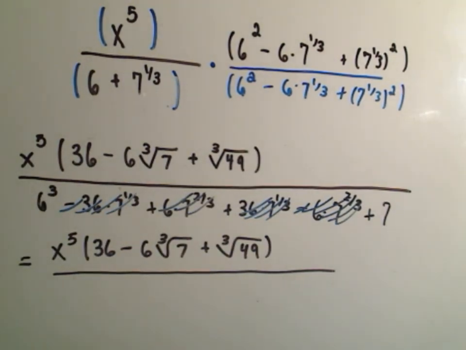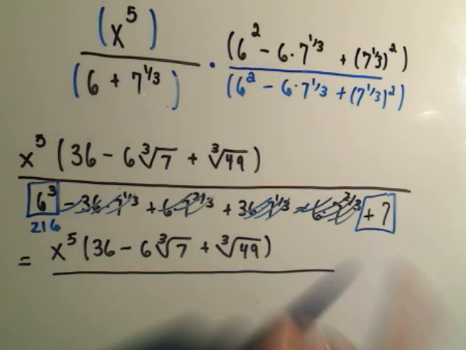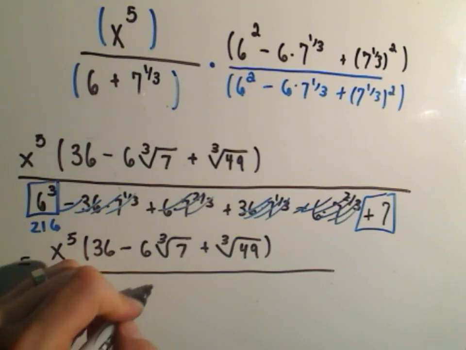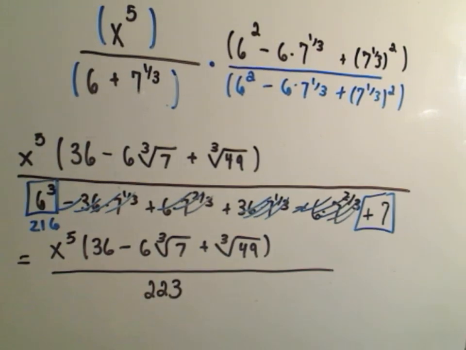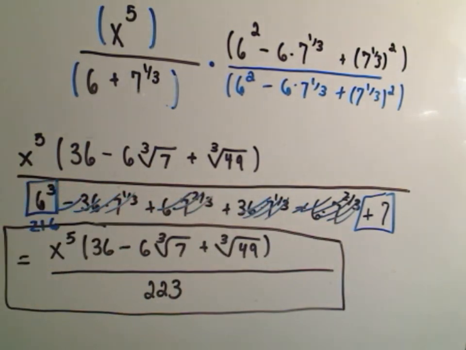The only thing that I'll be left with is the 6 cubed plus 7. 6 cubed, you can check, should be 216. So really all I'm left with is 216 plus 7, which will give me 223. And that is now my solution. The denominator is now rationalized.